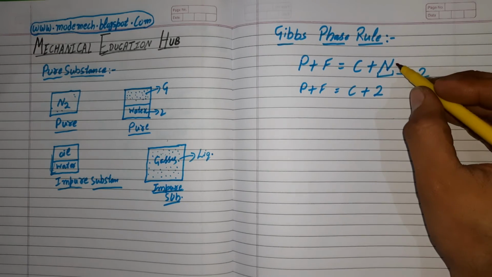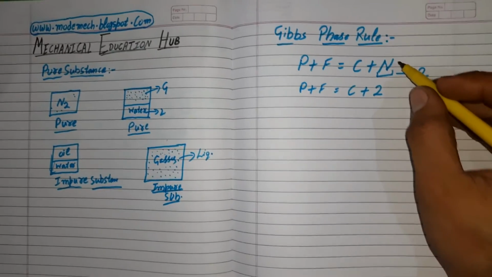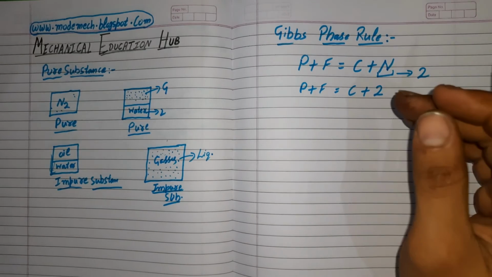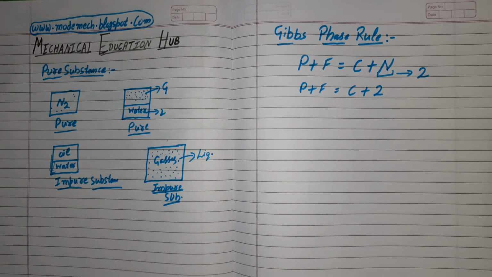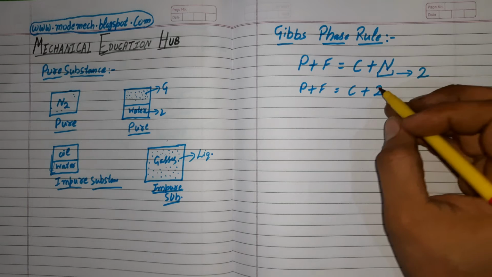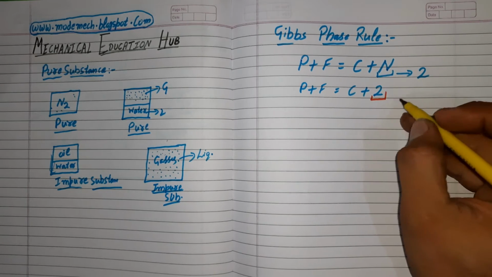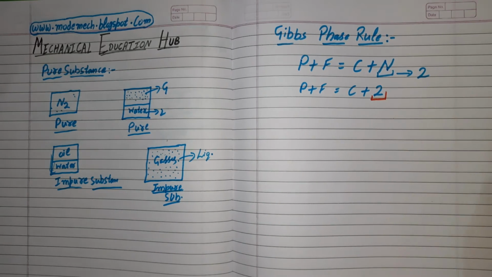This N represents non-compositional variables. In thermodynamics, there are two non-compositional variables, that is pressure and temperature. So we take N to be 2.